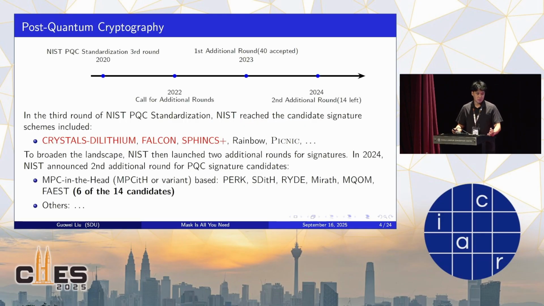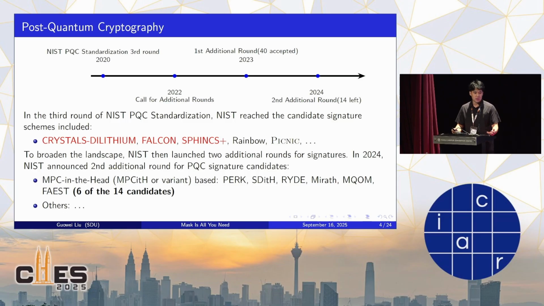This timeline shows where our work sits. In the third round of NIST PQC standardization, the candidate signature schemes included Dilithium, Falcon, SPHINCS+, Rainbow, Picnic, and so on. Ultimately, Dilithium, Falcon, and SPHINCS+ were chosen as the standards.